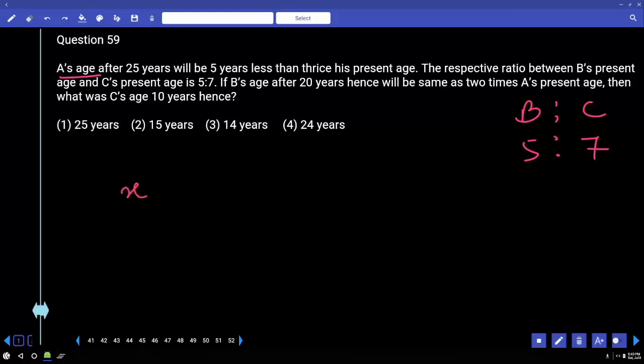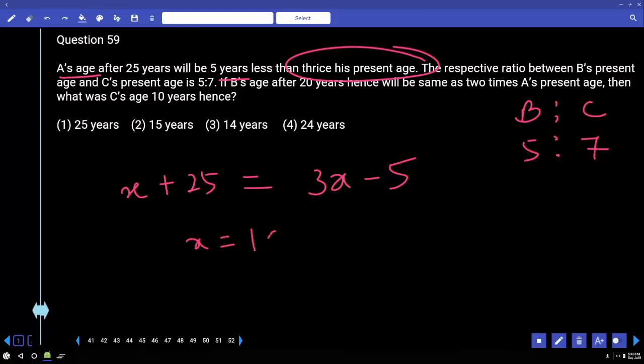Let us consider the present age is x. After 25 years will be 5 years less than thrice its present age. Thrice its present age, 5 years less. Then 2x equals 30, x equals 15.